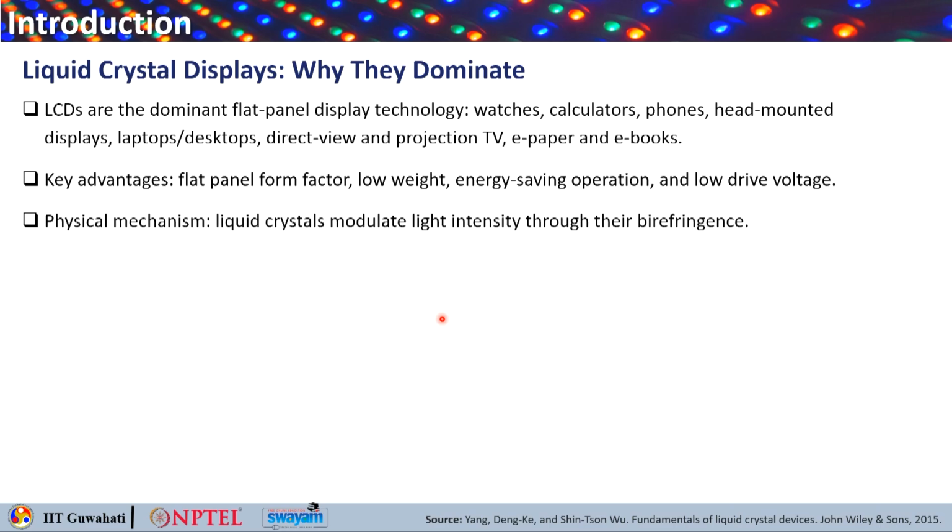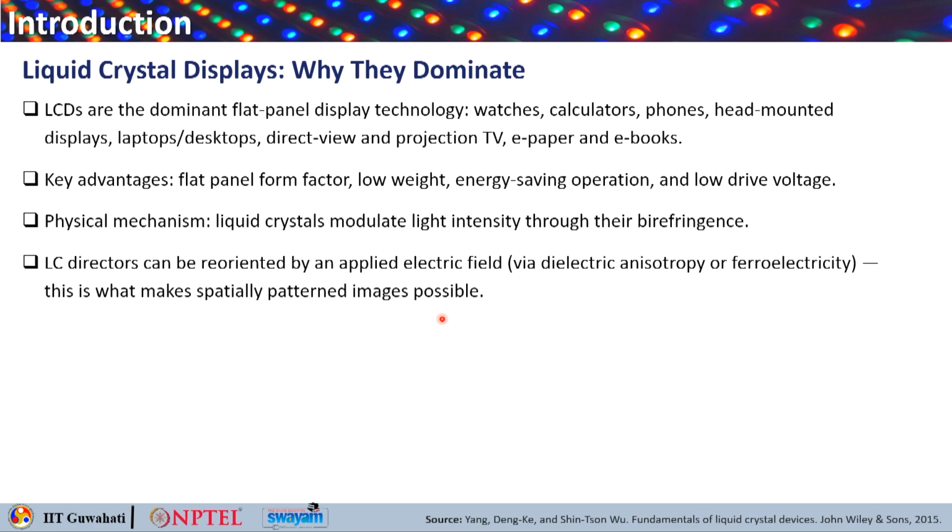Now just a quick reminder about the physical mechanism of LCDs. LCDs basically do not emit light themselves. They modulate the intensity of the light passing through via their birefringence, and you can apply an electric field to reorient the liquid crystal's director because of the dielectric anisotropy, or in ferroelectric materials.